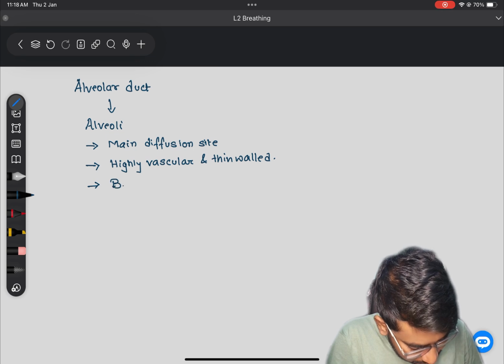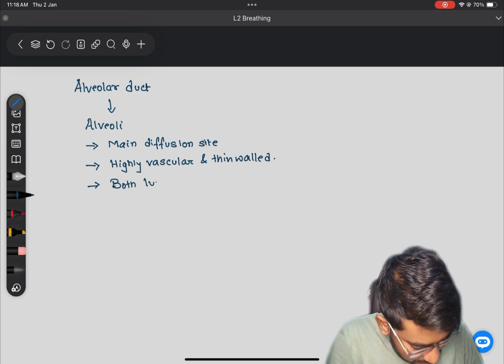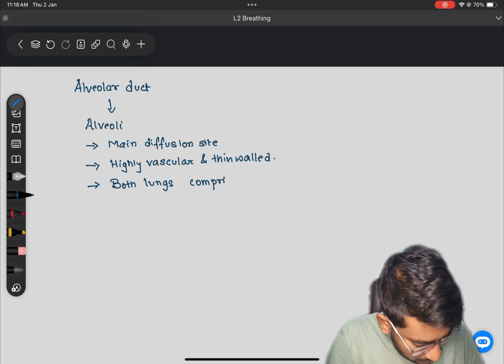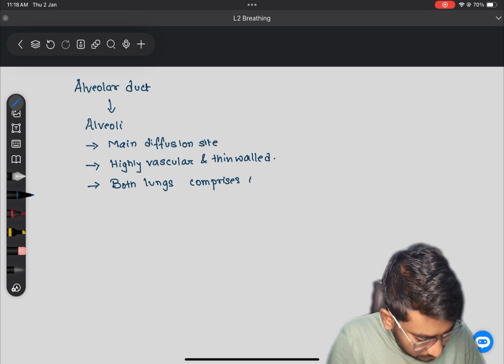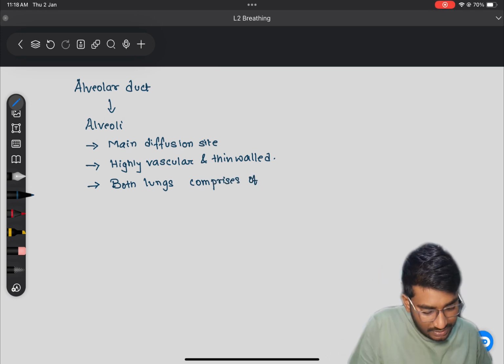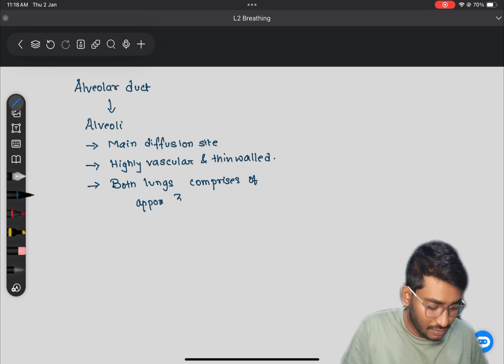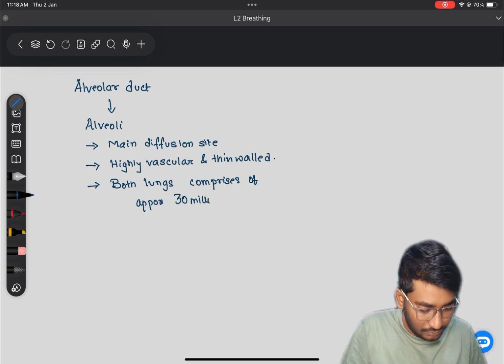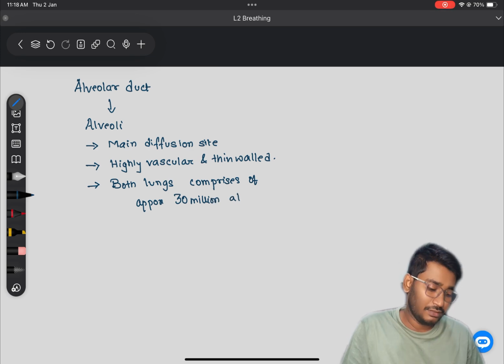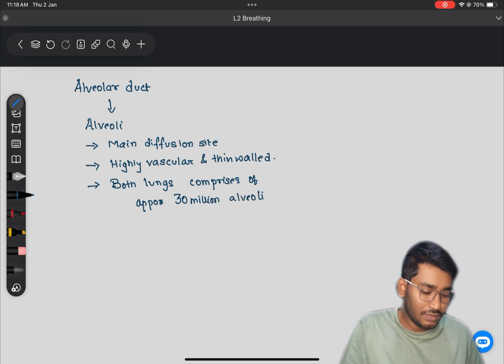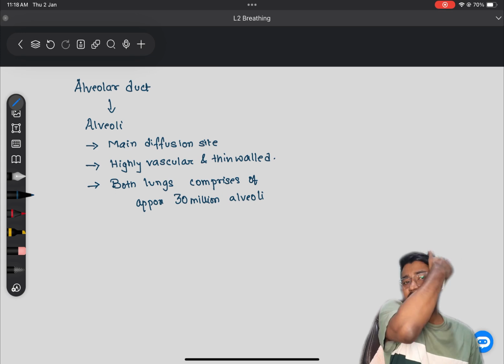Both lungs comprise approximately 30 million alveoli. So 30 million alveoli are present in both of the lungs.